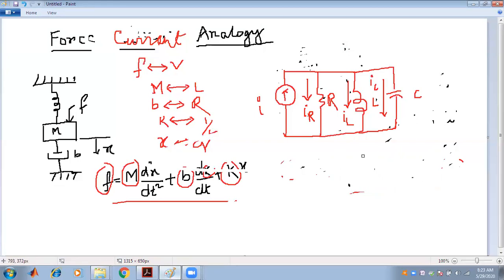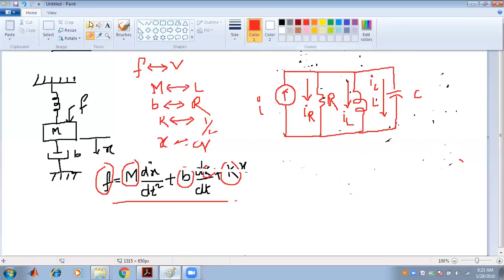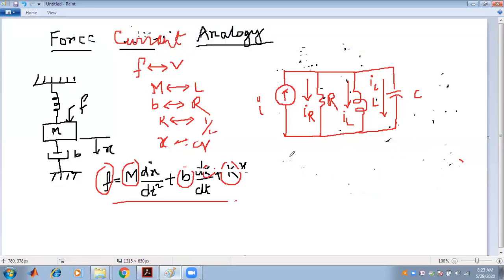Force is related with the current. If I draw the equation, the total I will be divided into three parts: IR plus IL plus IC.